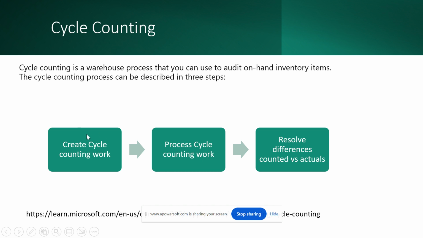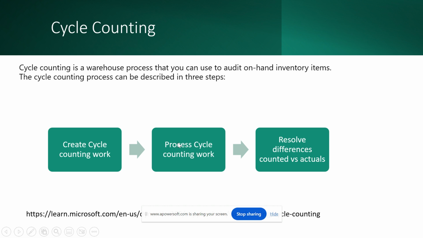Generally, the process to follow is that you need to create a cycle counting work. For creating the cycle counting work, like I said, there are two ways: either you do it by using the cycle counting plan, or you create it by using a cycle counting threshold. We will also see quickly how to do that. Then you need to process the cycle counting work.